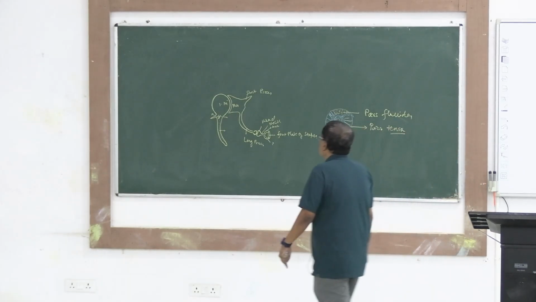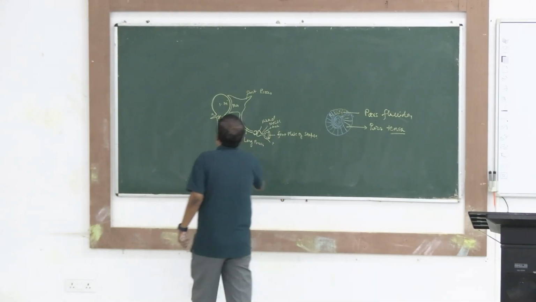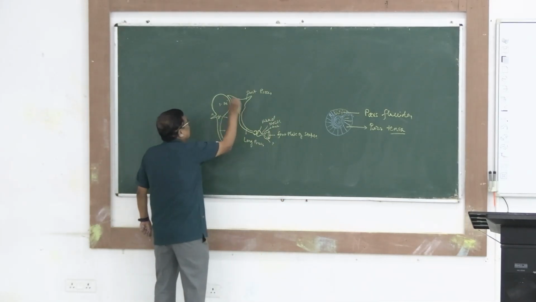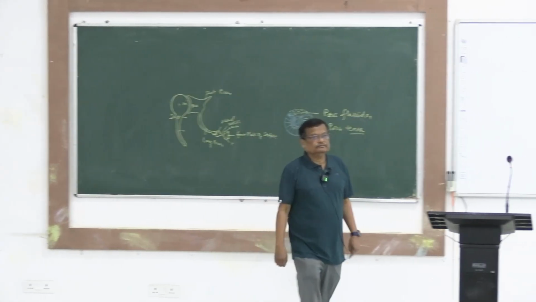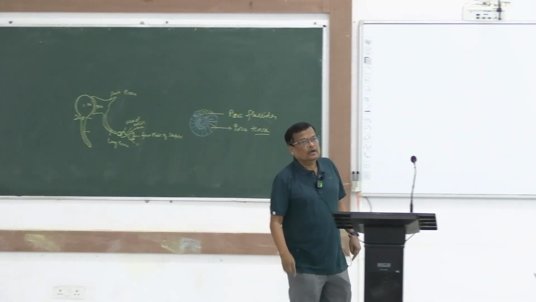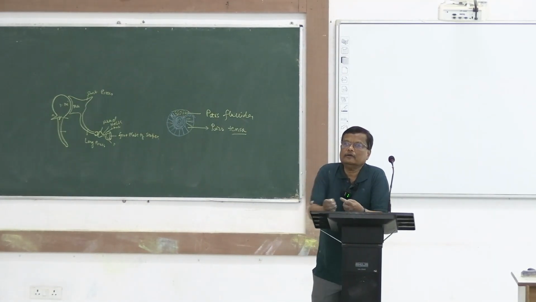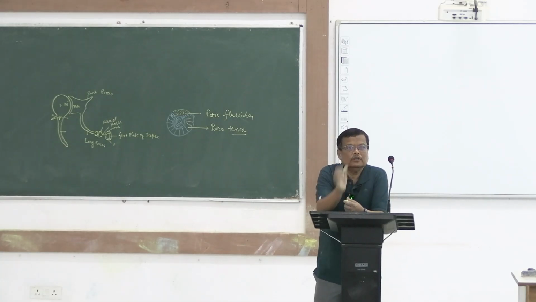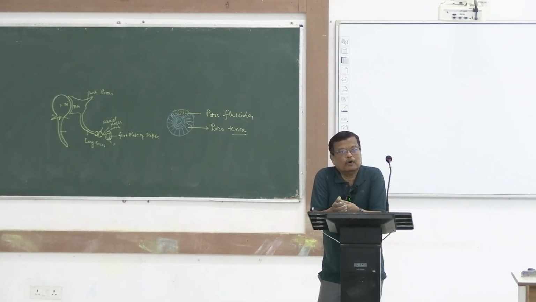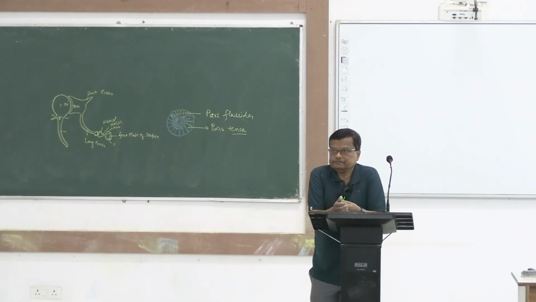Another important MCQ: the Malleus and Incus develop from the first branchial arch and stapes develop from the second branchial arch. এই ছোট ছোট জিনিসগুলি কিন্তু MCQ এর জন্য very important. Malleus and Incus develop from the first branchial arch and stapes develop from the second branchial arch.